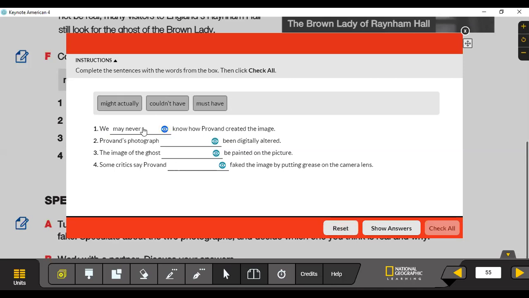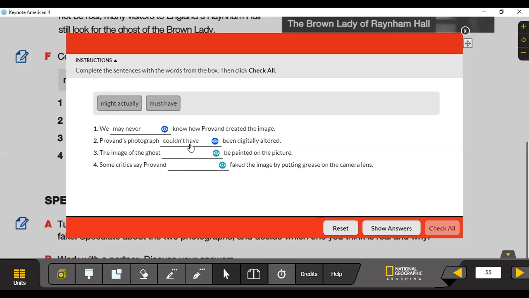Okay, good. So I'm going to check it here and when we answer all of them, we're going to check them. So may never, and then we have, the photograph blank being digitally altered. Couldn't have. Yeah. Okay, very good. Three, it says the image of the ghost blank be painted on the picture.